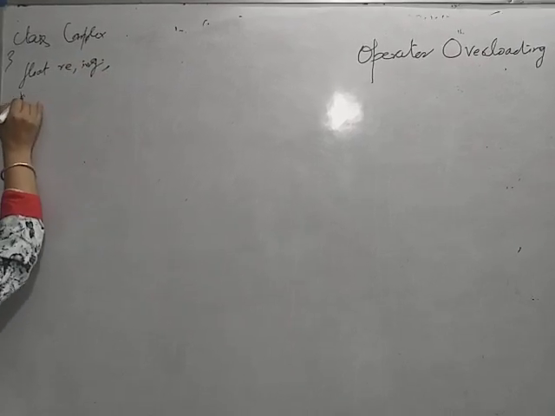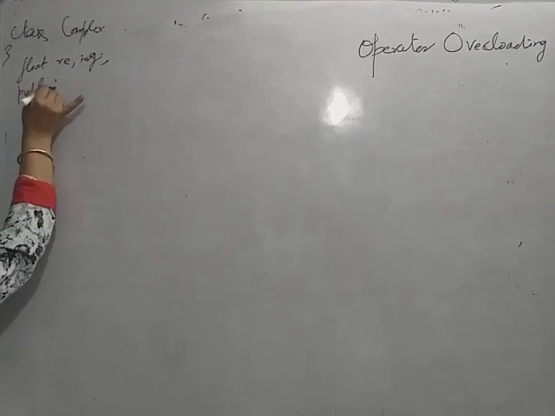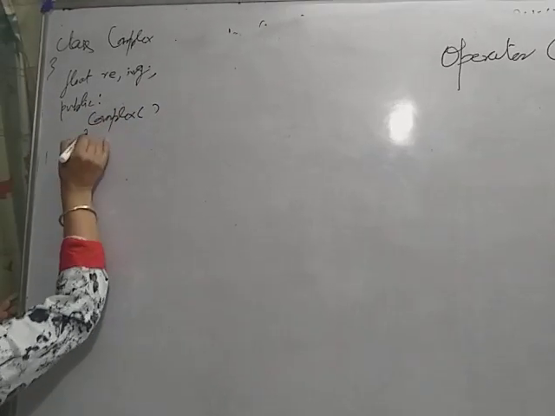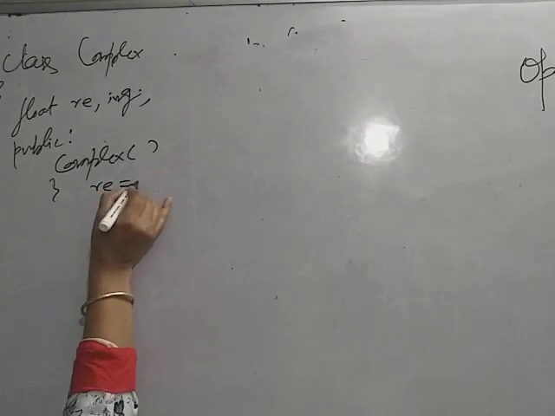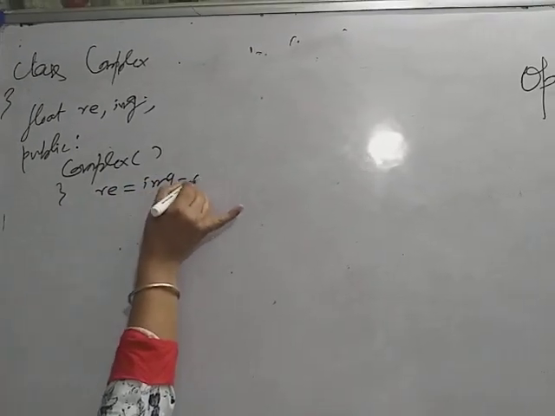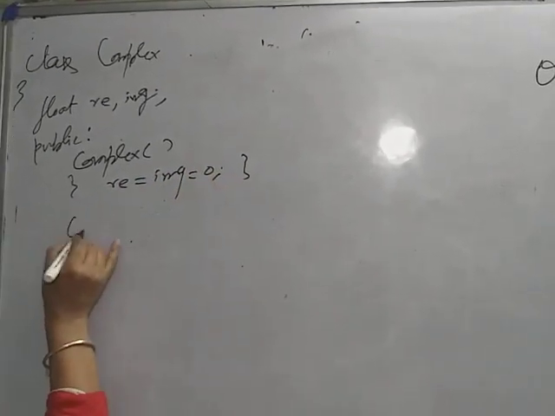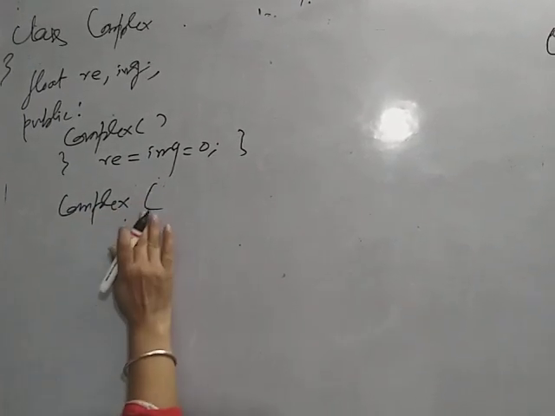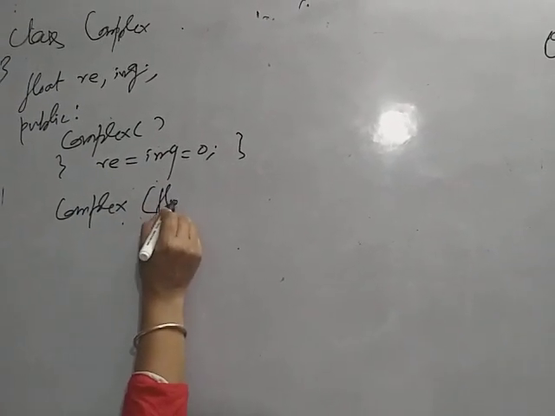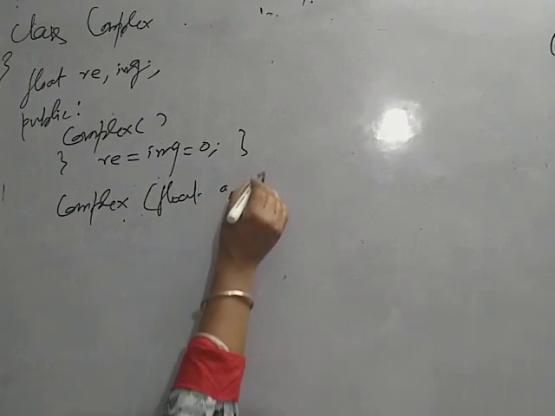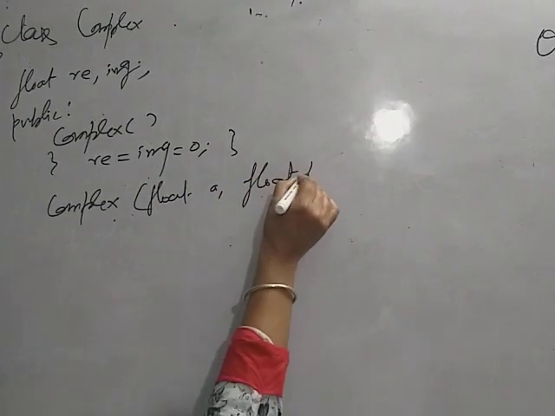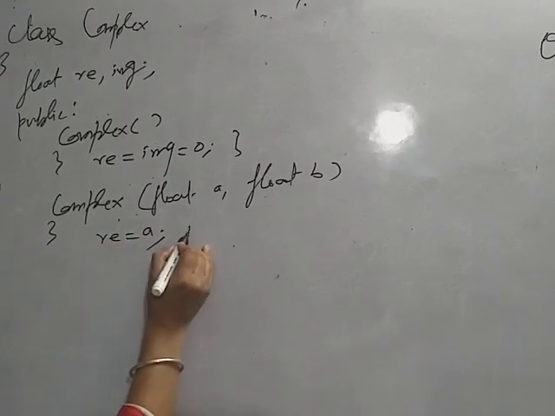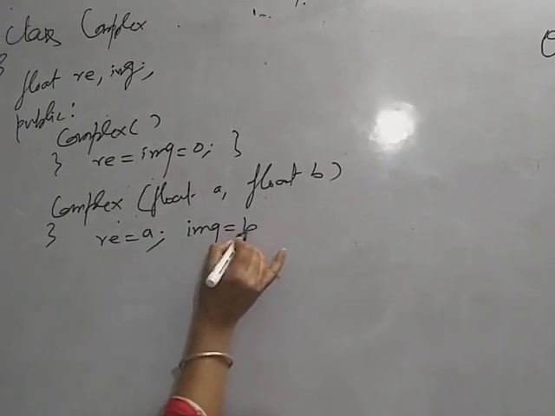Then in the public part there is a no argument constructor where the real and imaginary parts are initialized with 0, and a complex constructor with 2 arguments, float a, float b: real equal to a, imaginary equal to b.